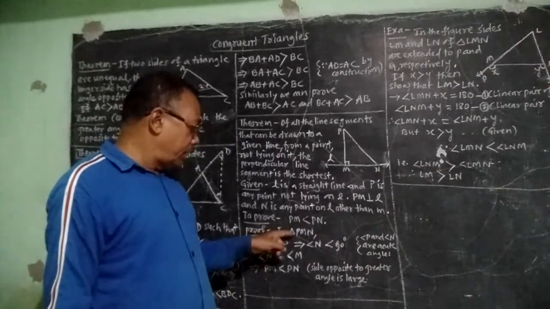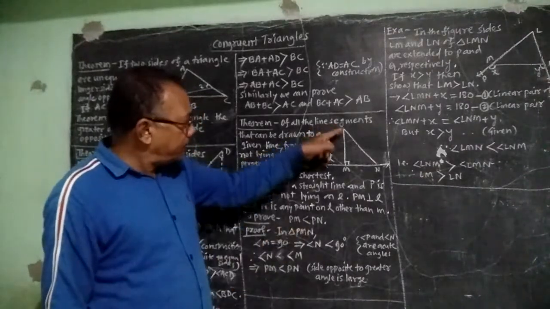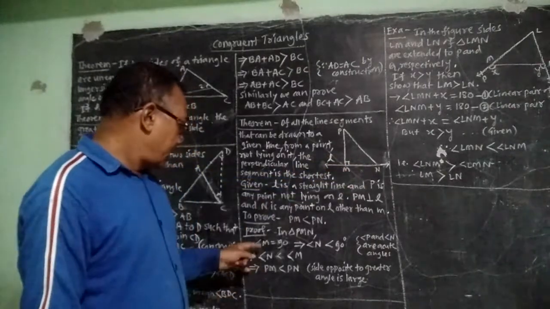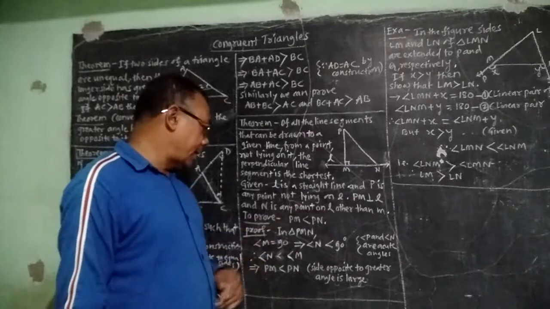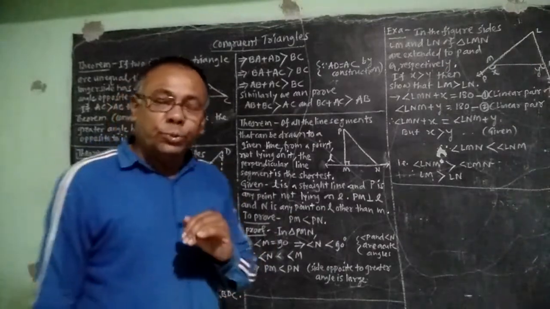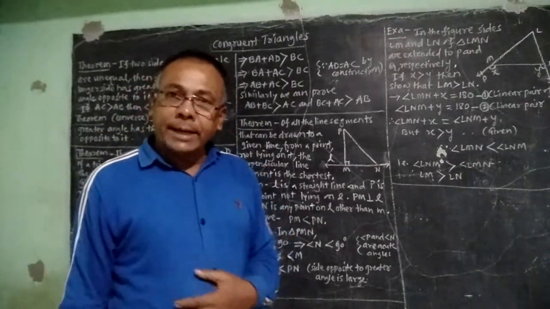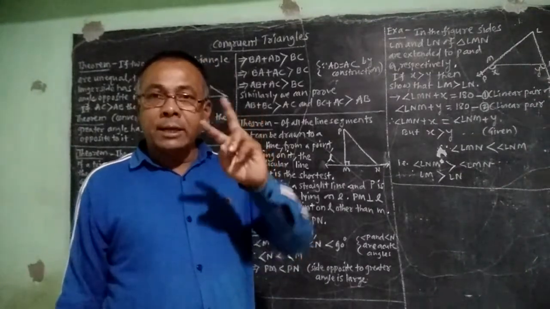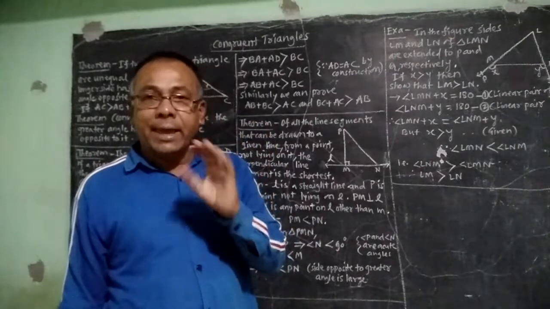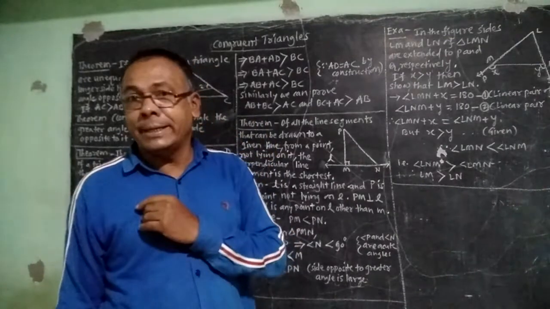So in triangle PMN, angle M is equal to 90 degrees. We also know that in a right angle triangle, only one angle is a right angle and the remaining two angles are acute angles, means less than 90 degrees.